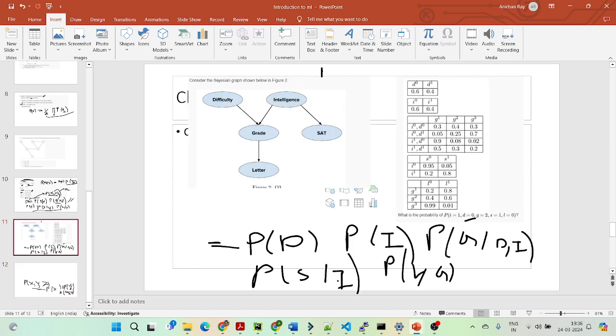So I start with D because it is independent of everything, as you see. So this is P of D. And what will be the next one? The next one I have taken intelligently, as intelligence. The idea is that intelligence is also independent of difficulty.